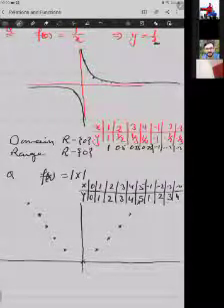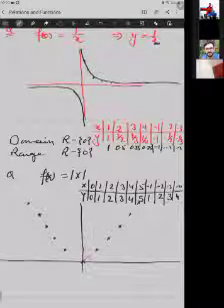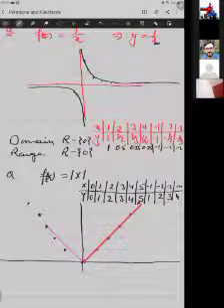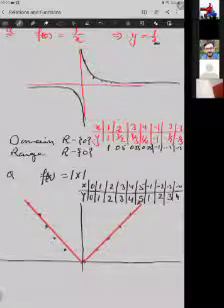If I join this, it will give me a curve in this manner. So this is the modulus curve.